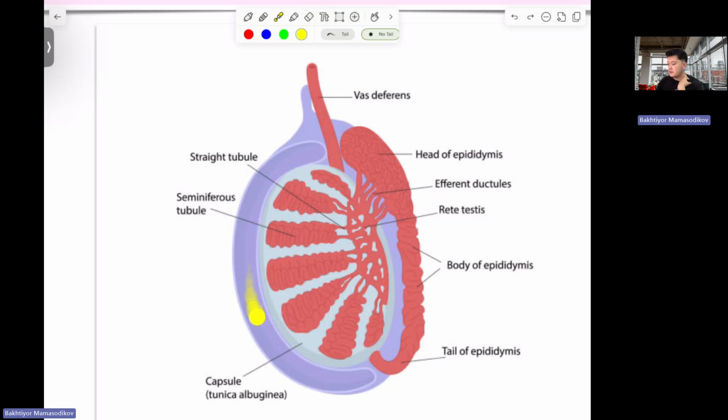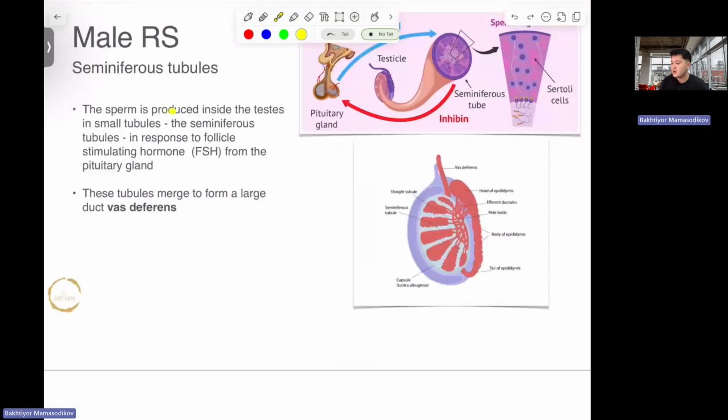And there is a capsule in the testis, actually. This is the capsule of the testis. Sperm is produced inside the testis in the small tubules, which are called seminiferous tubules, in response to FSH, which comes from the pituitary gland, specifically the anterior pituitary.